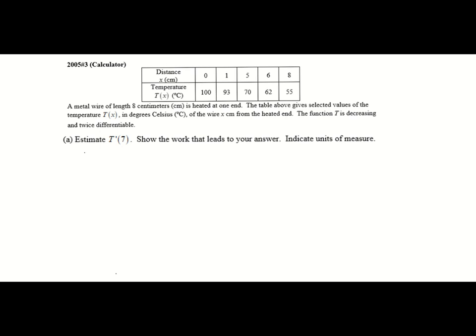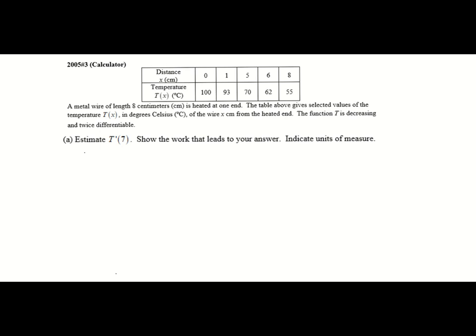The table above gives selected values of the temperature T of x in degrees Celsius of the wire x centimeters from the heated end. The function T is decreasing and twice differentiable. A. Estimate T prime of 7. Show the work that leads to your answer.